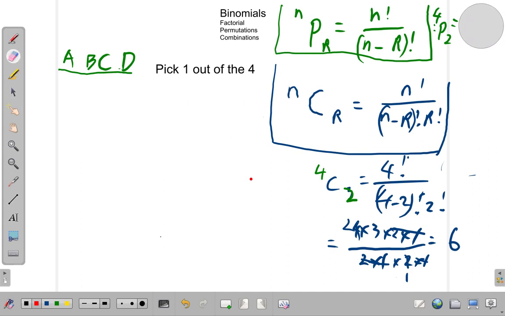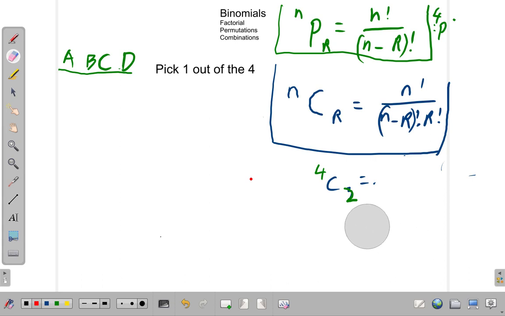Let's erase some of what we have here and make the necessary adjustments. Now we're going to choose 1 letter out of 4 available letters and see how we can arrange them. But before that, let's use the formulas.